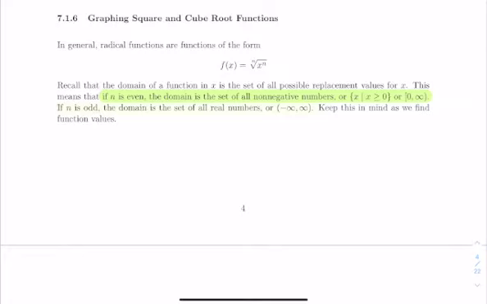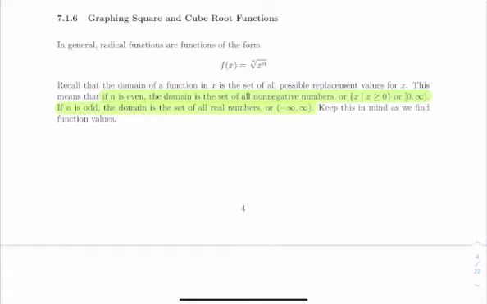If n is odd, the domain is the set of all real numbers, or negative infinity to infinity. So we just want to keep this in mind as we find function values. Let's go ahead and plug in some values for f of x and g of x.